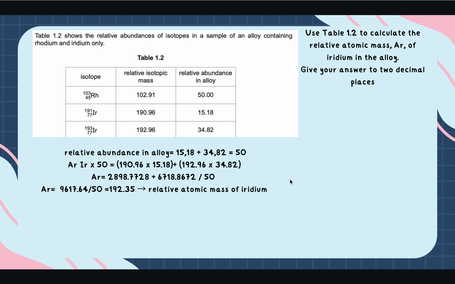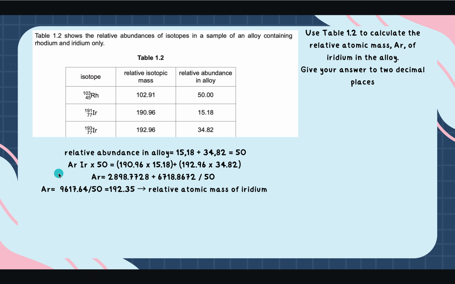Next question. So here we're shown a table of 3 isotopes and their quantities, and we are told to calculate the relative atomic mass AR of iridium in the alloy. Give your answers to 2 decimal places. So to solve this question, here we know that the relative abundance in alloy is 50.18 plus 34.82, which is 50.